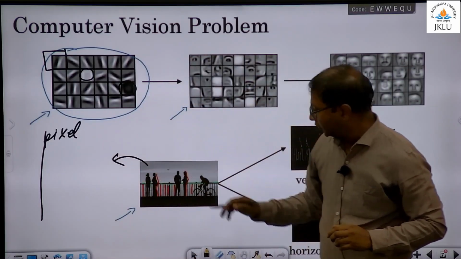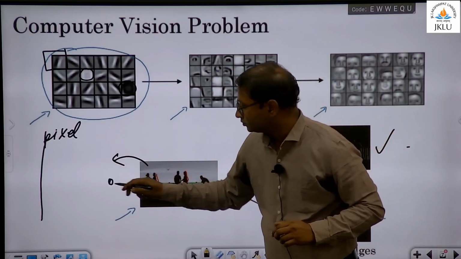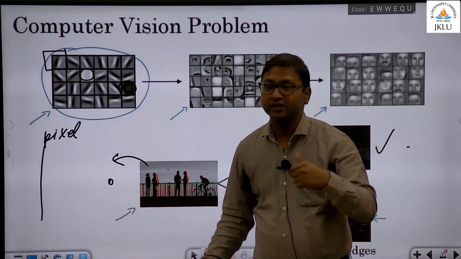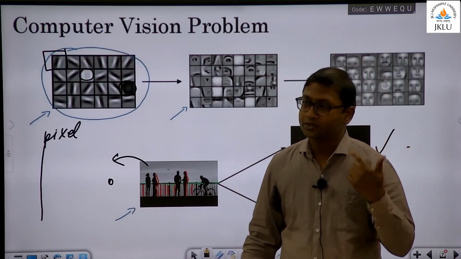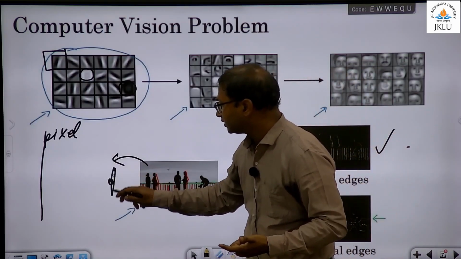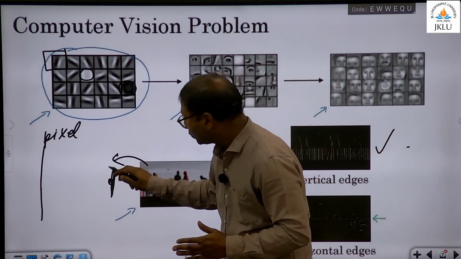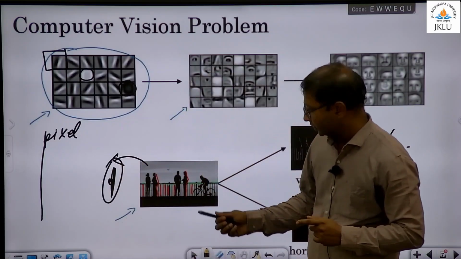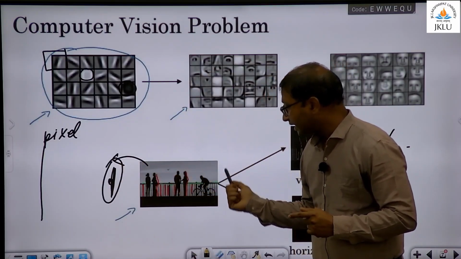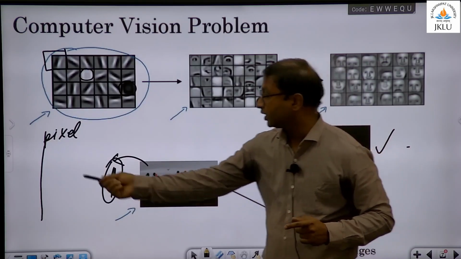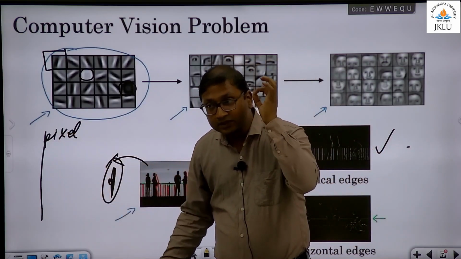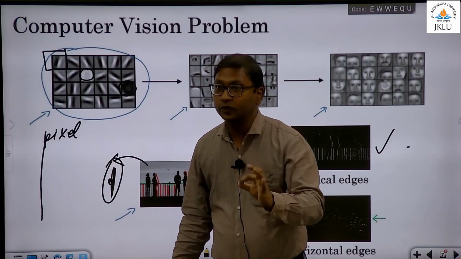What will be your output? Output will be somewhere here like yes or no. There is a car or there is no car, or whether there are objects and so on. So your output will be what are the contents of this image? Your input is the least granularity that you can have.